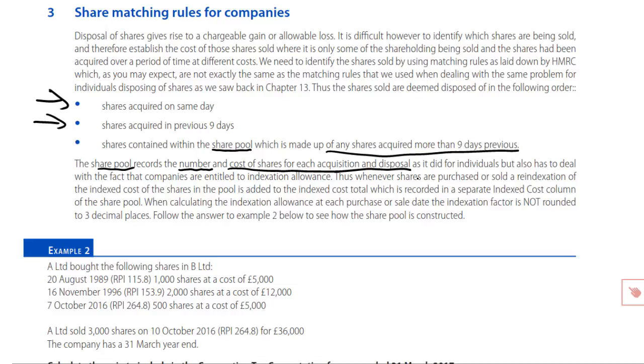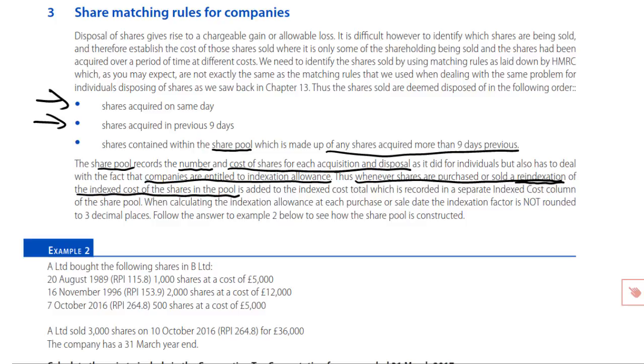But we also have to deal with the fact that for companies in corporate tax, we get indexation allowance. Companies, as we know, are entitled to indexation allowance. So whenever shares are purchased or sold, we've got to do a re-indexation of the index cost of the shares in the pool.